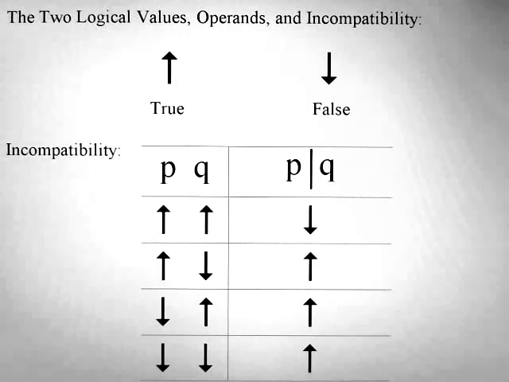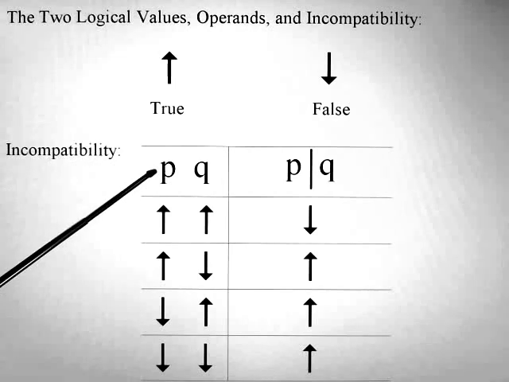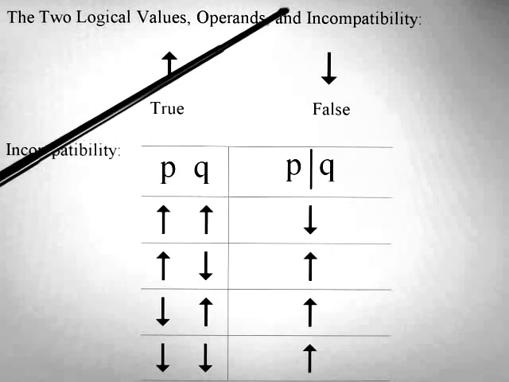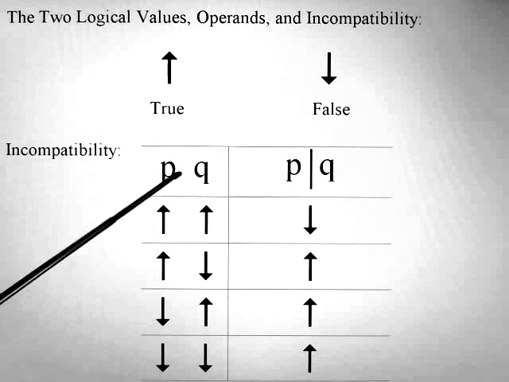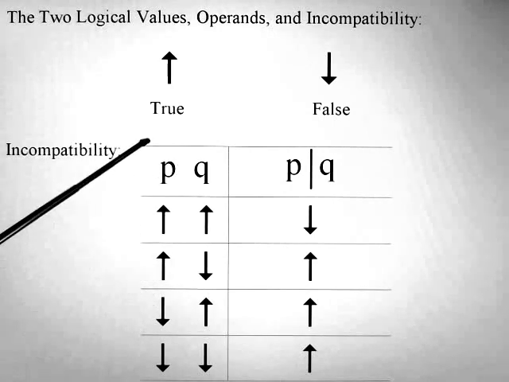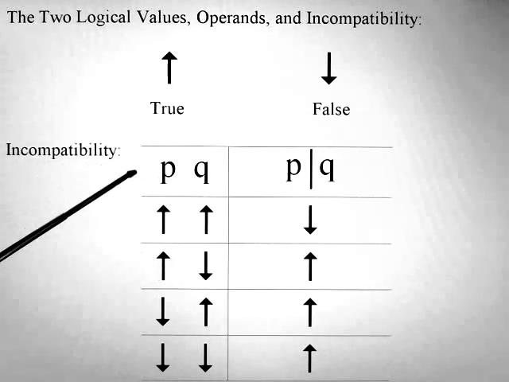And when we analyze the possible combinations of true and false for 2 propositional variables, because of course, as I said, a proposition is anything that can be assigned the value of true or false. When we have 2 propositional variables, if the first one is true, the second one might be either true or false. And so there are 2 combinations where the first one is true to allow for the 2 different instances of the second proposition being true or false.